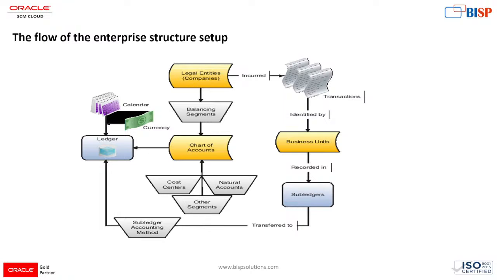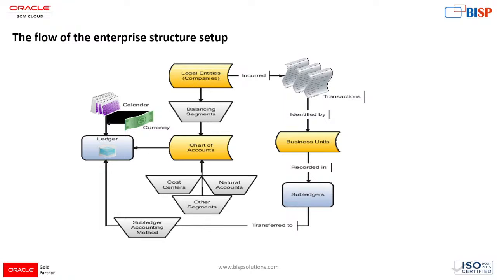A segment is associated with a value set, which provides a set of values for that segment along with the formatting and validation for those values. A segment label identifies certain segments in a chart of accounts, or COA, and assigns special functionality to those segments.